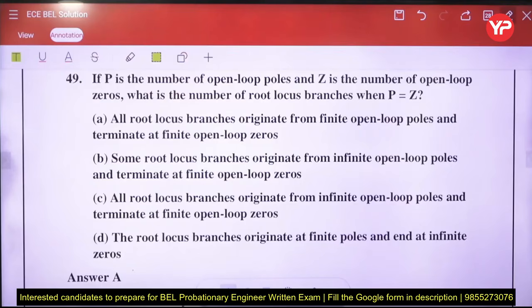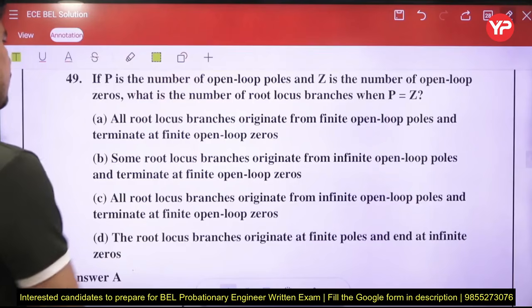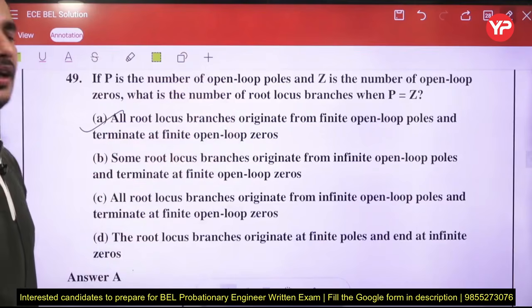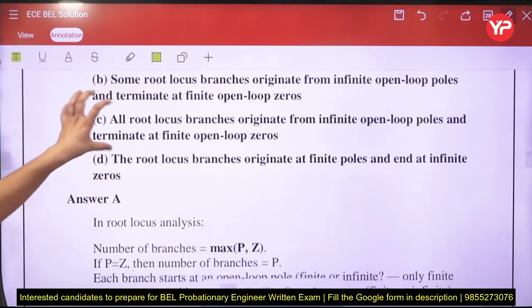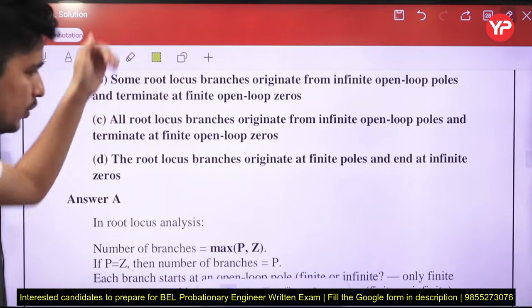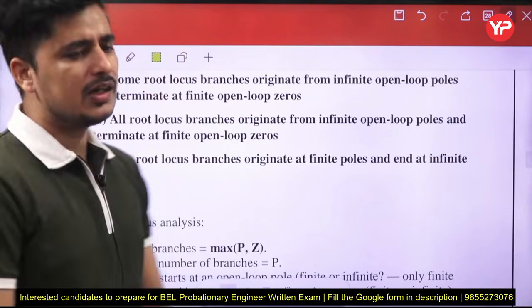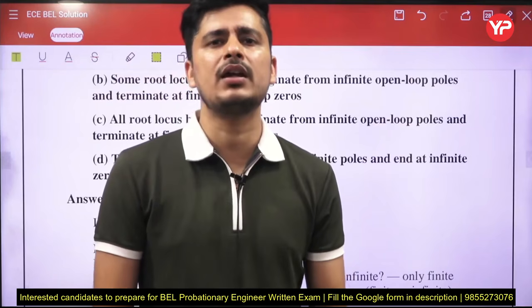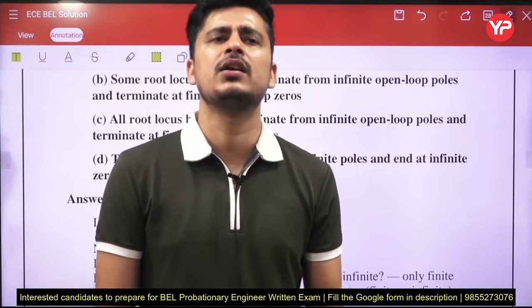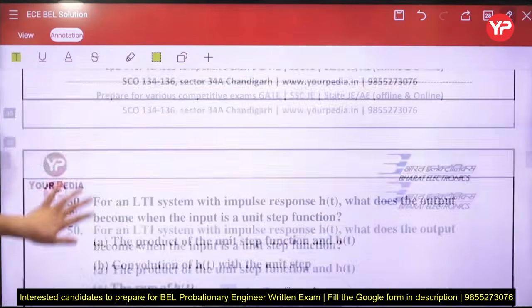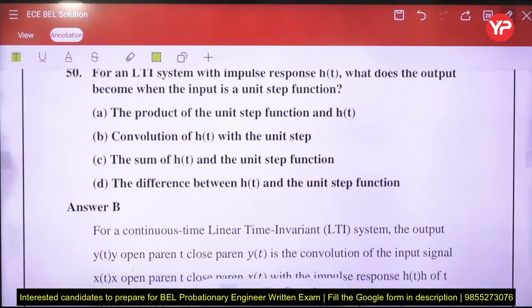All root locus branches originate from the finite open loop poles and terminate at finite open loop zeros. No branch will go to infinity whenever P equals Z. See, this is just a basic question from the root locus. All the questions we are seeing till now are from the basics. If you know the basic things about any plot, you can tackle these questions. They are not asking you to go into that depth, right?